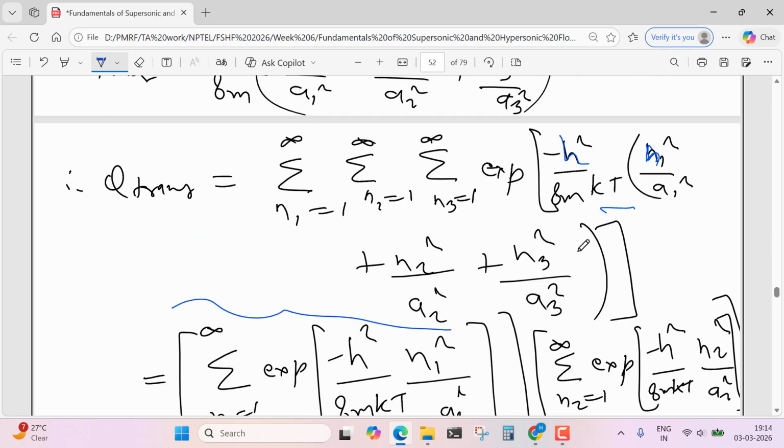Now we can separate it for the sigma n1, sigma n2 and sigma n3 terms as a product of these.